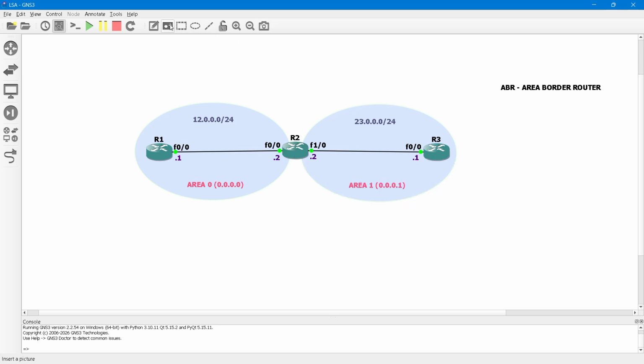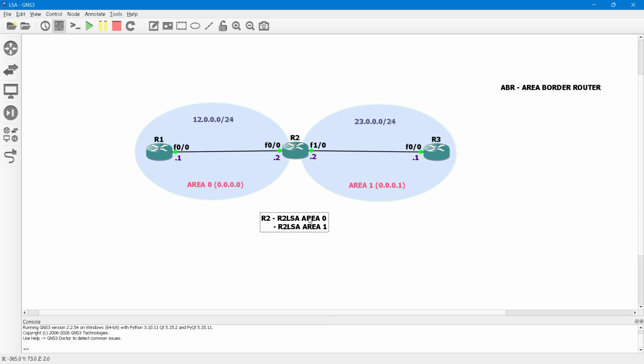R2 is going to generate two LSAs. R2's LSA for Area 0, and the second one is R2's LSA for Area 1. Let me drag it here. This is what R2 has generated.